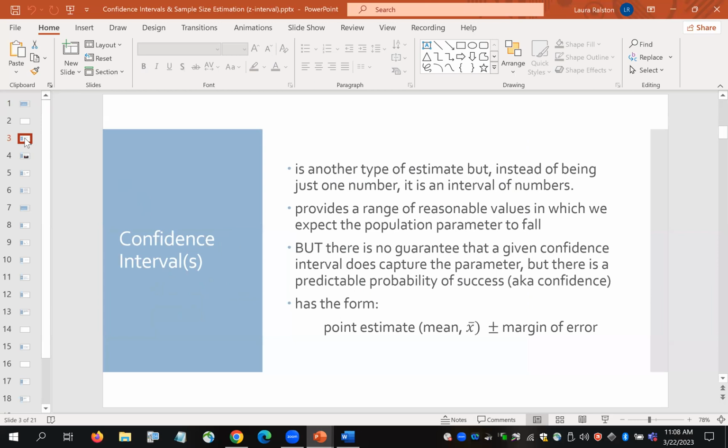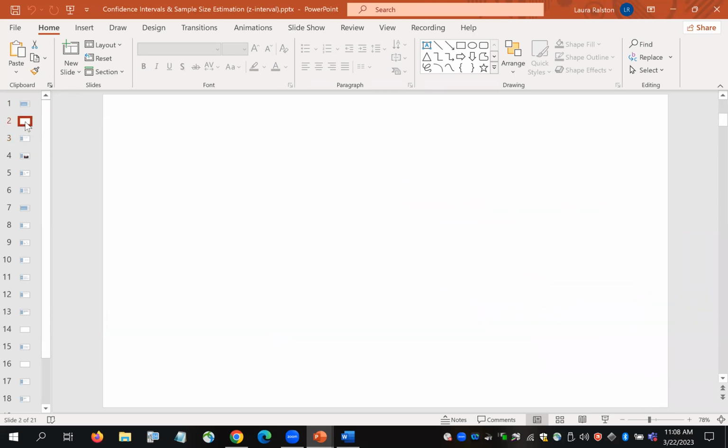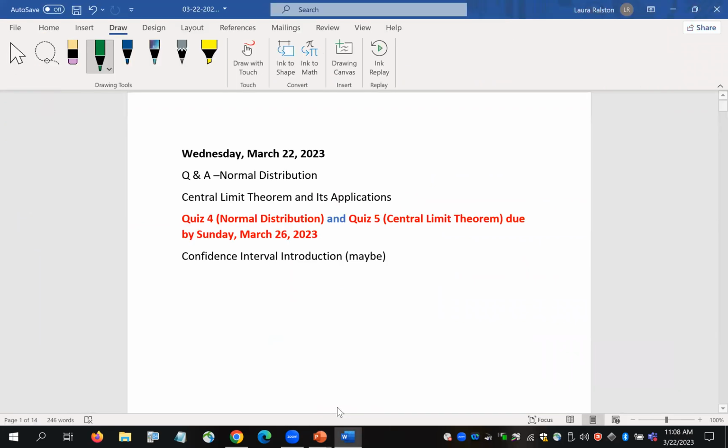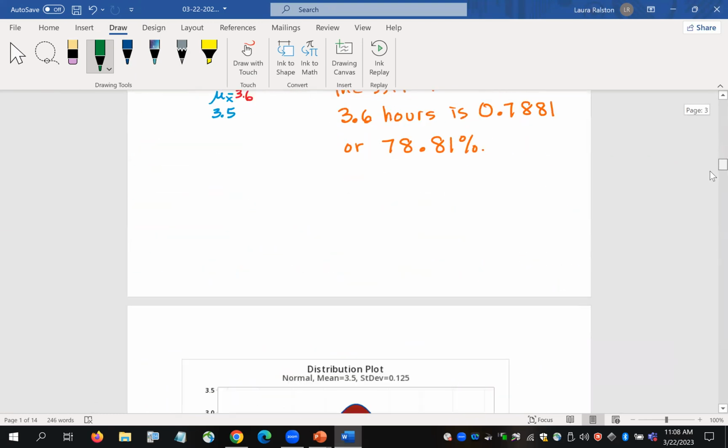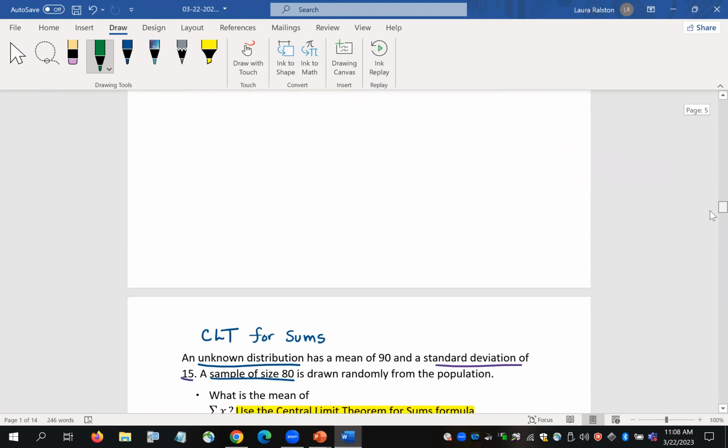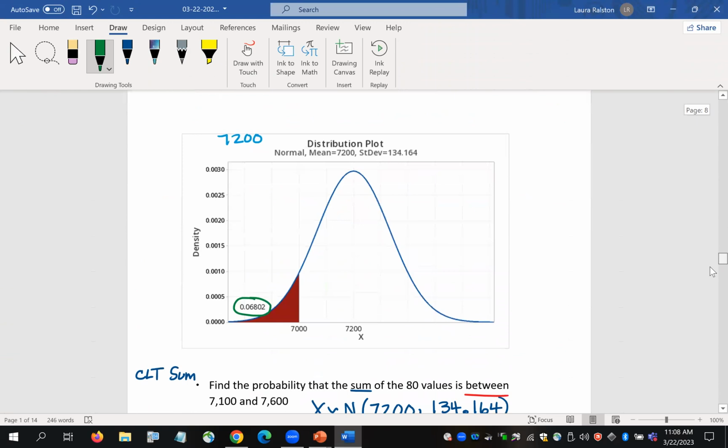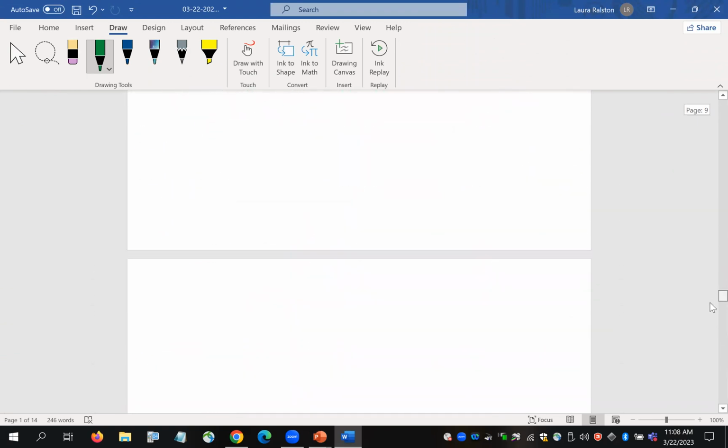But before we get into that, I want to make a connection between things that we've talked about previously and where we're headed with confidence intervals. So I'm going to do some notes here, and I'll share these with you.